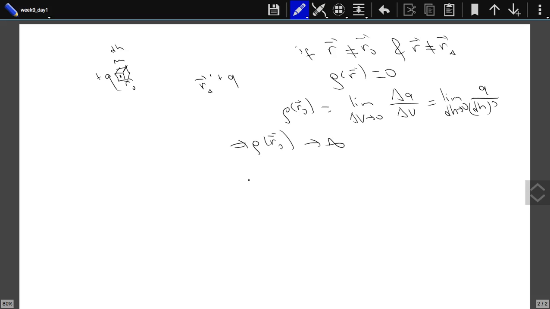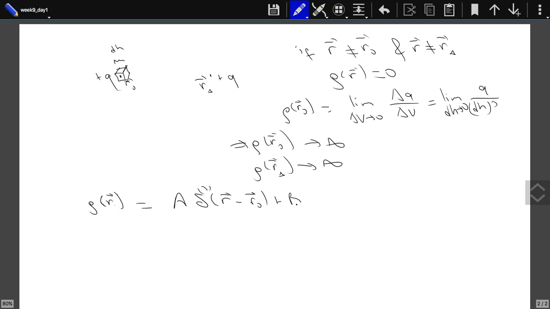I can just repeat exactly the same thing for R1. So now again I have this weird function which vanishes almost everywhere, and it is infinite at 2 points. So the best candidate for such a function is A times Dirac delta of R minus R0.